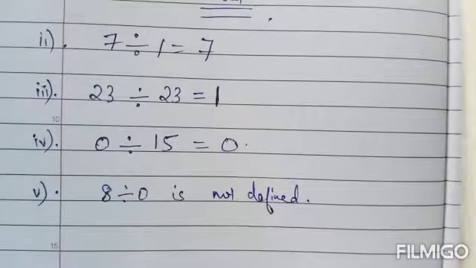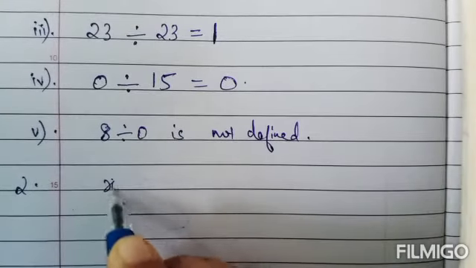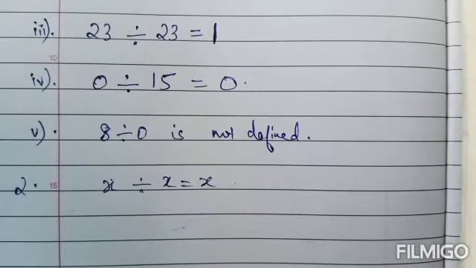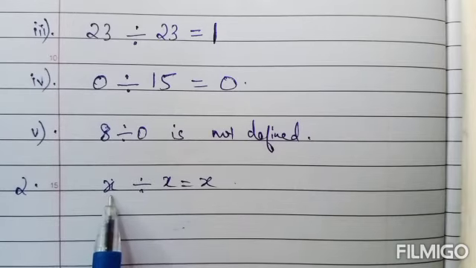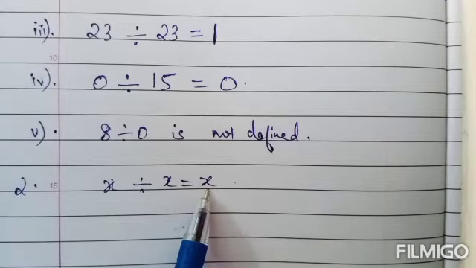In the second question: if x is a whole number such that x divided by x equals x, state the value of x. So here you have to find a number such that when that number is divided by itself, you get that number itself.